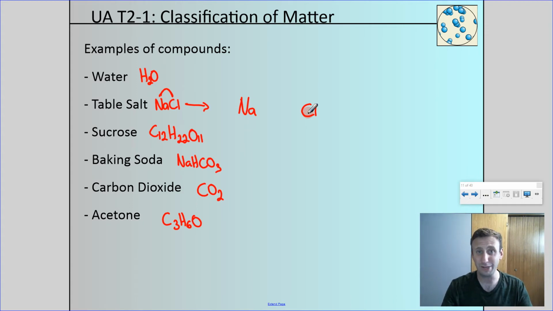Sodium is this incredibly reactive element that if it even touches water, it can burst into flames. It reacts very, very quickly with water. And then chlorine is actually a poisonous gas. So you can imagine sodium, which can light on fire when it touches water and is very reactive, and chlorine that's also very reactive and can kill you. It's poisonous, right?